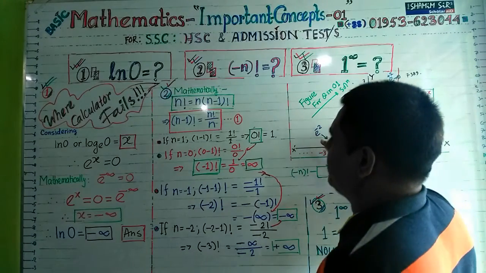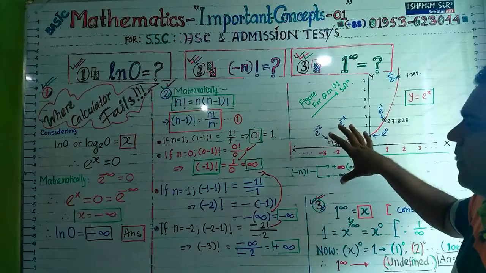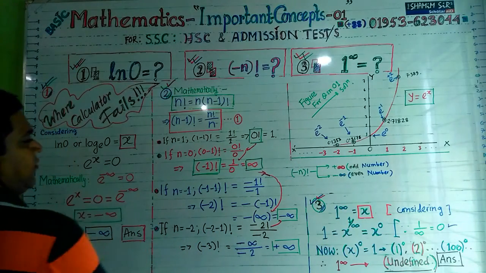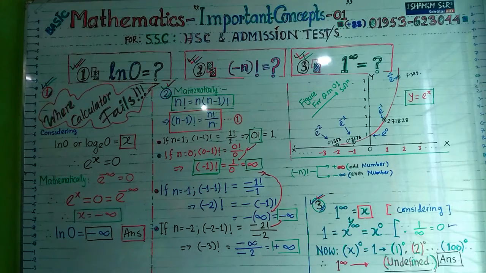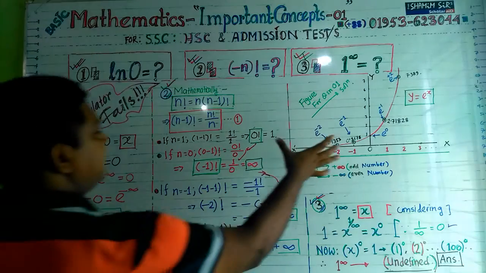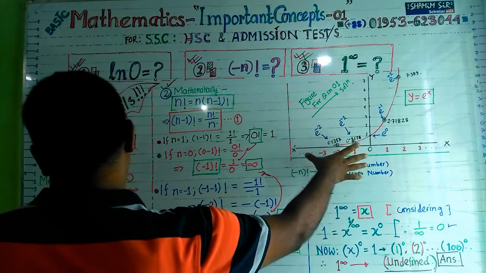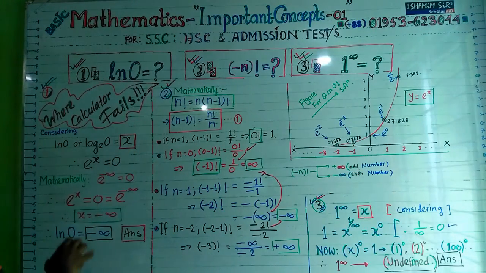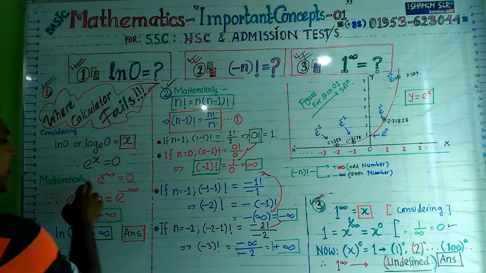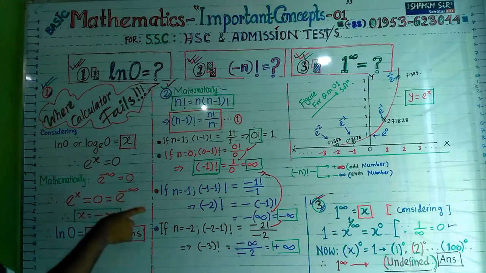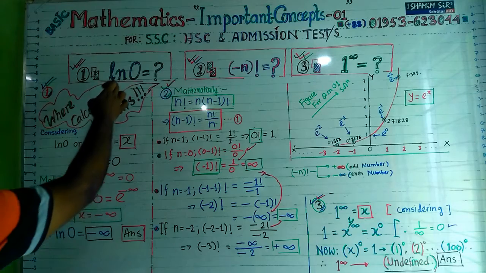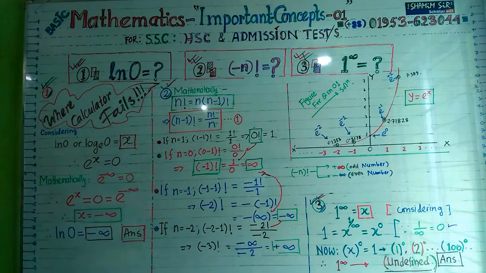So from this concept, we can clearly say that e to the power minus infinity equals 0. We considered e to the x equal to 0, and we have seen e to the minus infinity equals 0. Equating these, we can easily say x equals minus infinity. So ln 0 equals minus infinity.